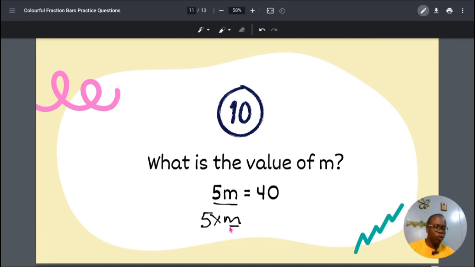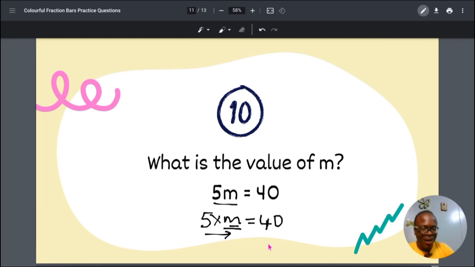So having represented it with a letter, it means that 5 multiplies a particular number in this place to give 40. I can hear some of you say 8. Of course, our answer is 8. But how do you get the 8? Remember I said when you are moving forward, you get this.